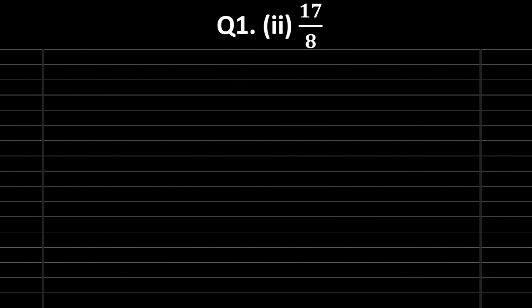This is the second subpart of question number 1. Here we have been given 17 upon 8. So again the same procedure, we will try to prime factorize 8. 8 when divided with 2 will get 4 as a quotient. Again 4 on dividing with 2 will get 2 as a quotient. Again 2 on dividing with 2 will get 1 as a quotient.